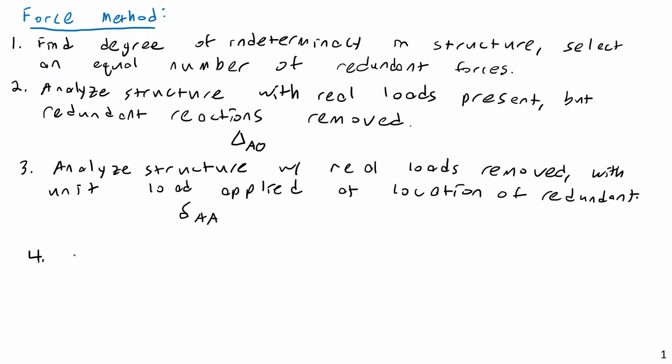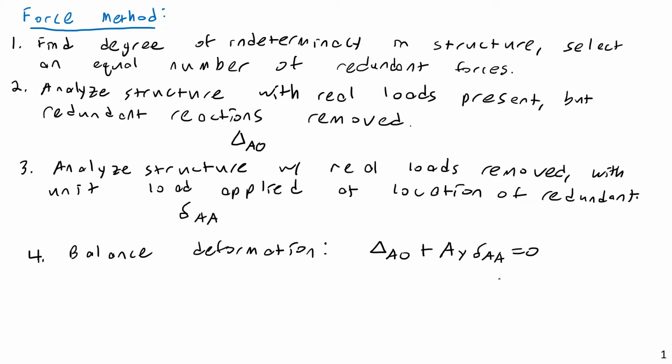Once you have these, we will do the step that I refer to as balancing deformation. So balance deformation, and if you know the deformation is equal to 0, you might have an equation like this: delta A naught plus, let's say you had a reaction in the y direction, force AY times the unit deformation delta AA. This being then equal to 0.